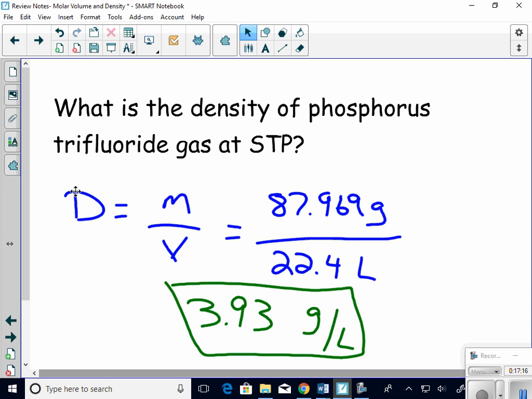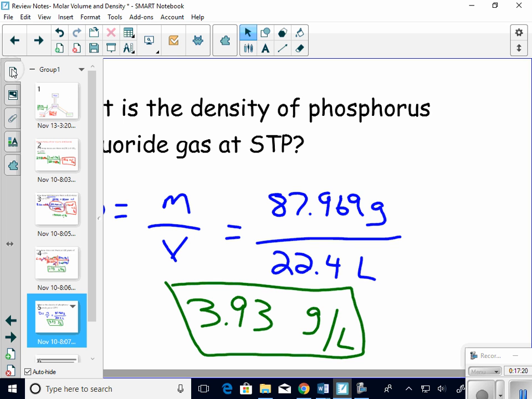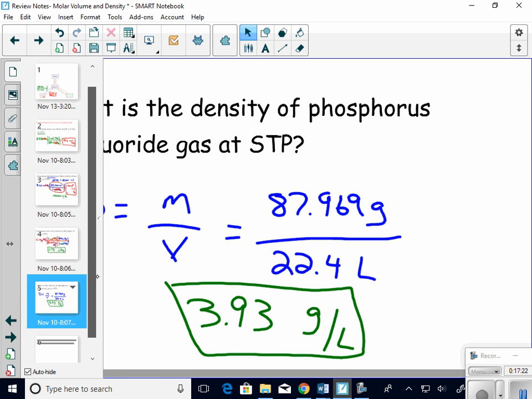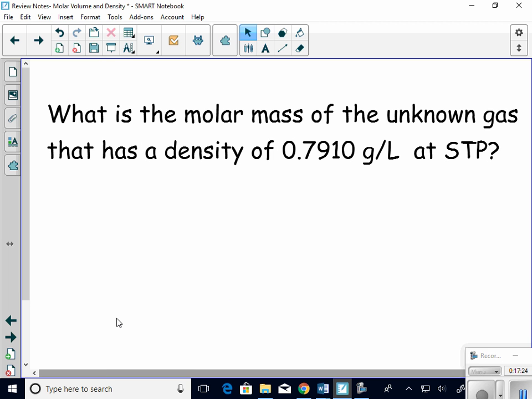Now, my final example is right here. What is the molar mass of the unknown gas that has a density of 0.7910 grams per liter at STP?